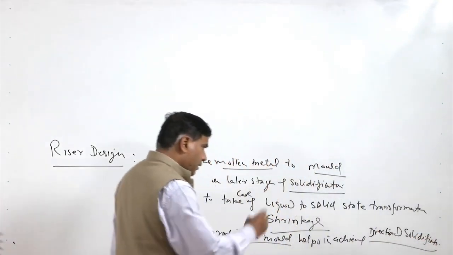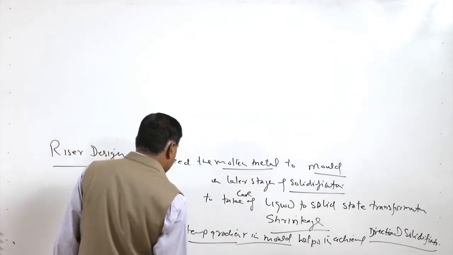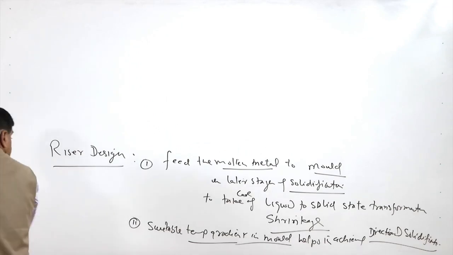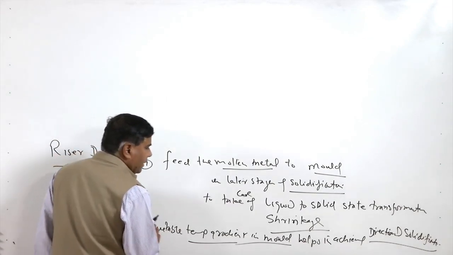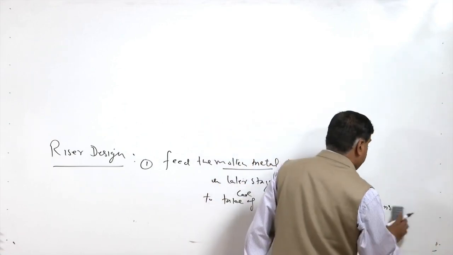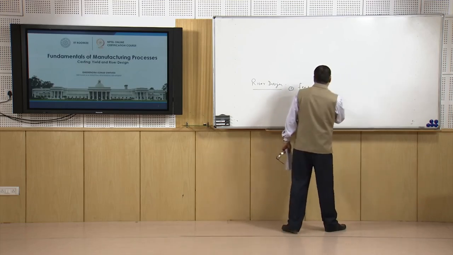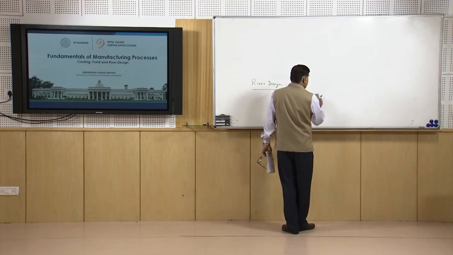So, basically our goal is to achieve the directional solidification through the proper temperature gradient in the mold, so that the sound and the defect free casting can be produced. So, these are basically two roles which will be performed by the riser.